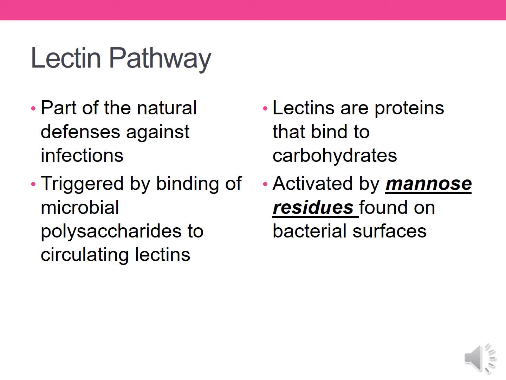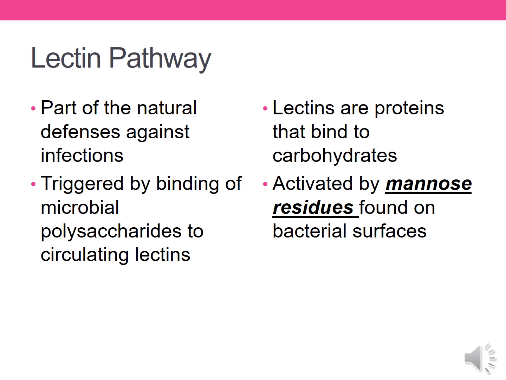So this pathway is mainly triggered by the binding of polysaccharides to circulating lectins in our bodies. And these lectins are proteins that actually bind to carbohydrates on the cell walls of these invading pathogens. These invading pathogens can be bacteria, viruses, yeasts, and even some parasites.